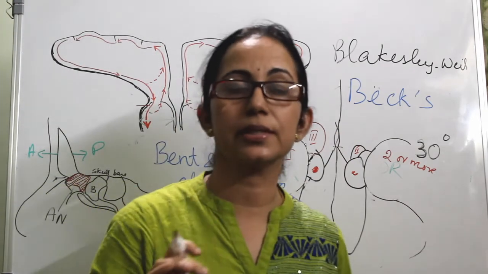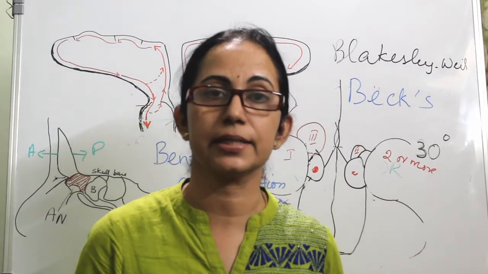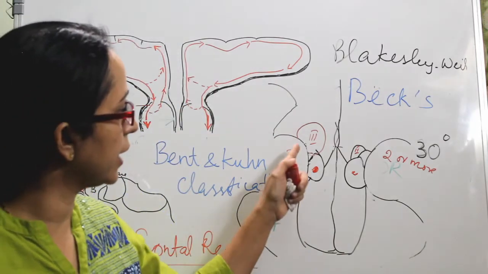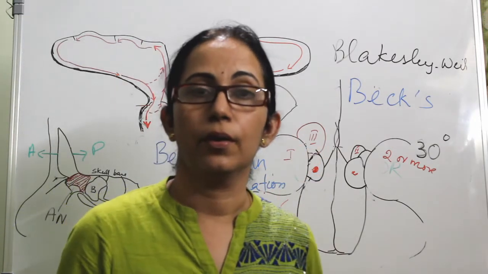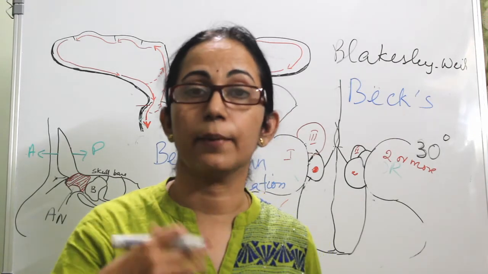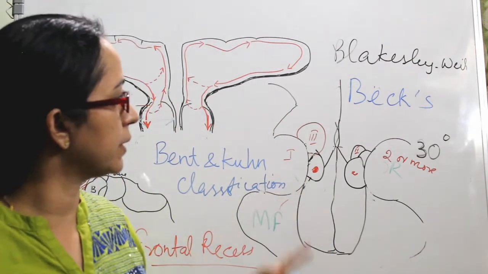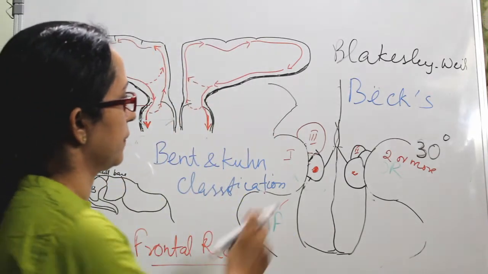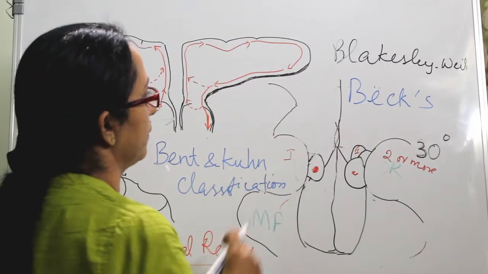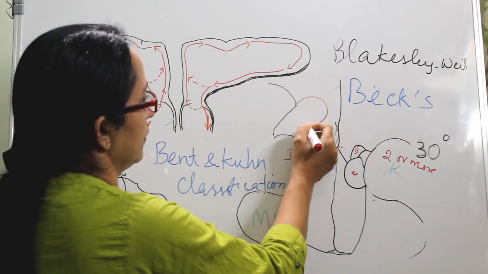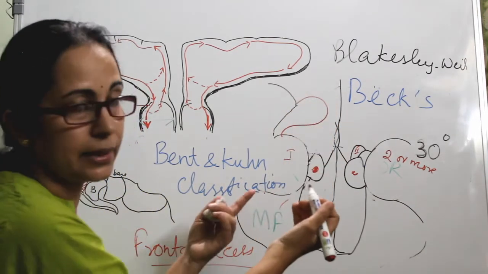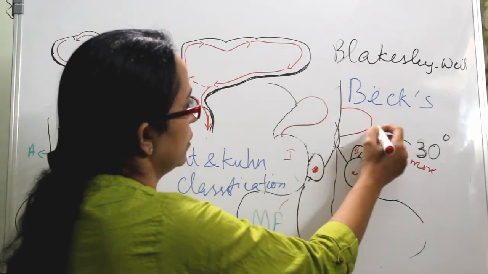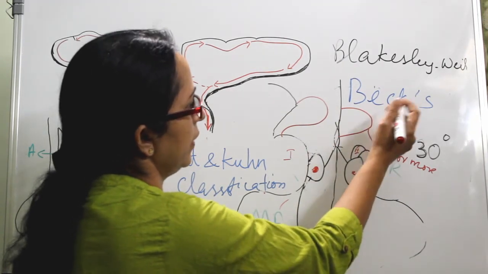Okay, so a single cell above the Agger nasi is type 1, two or more above the Agger nasi is type 2, a large cell extending into the frontal sinus above the Agger nasi is type 3, and a large isolated cell in the frontal sinus can be like this, or it can go like this, or it can be anywhere.